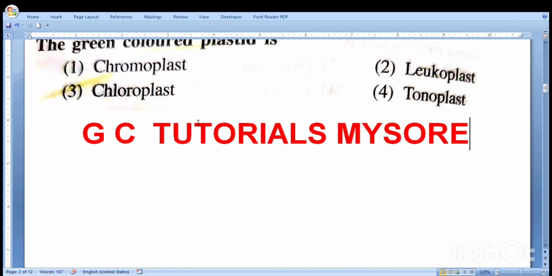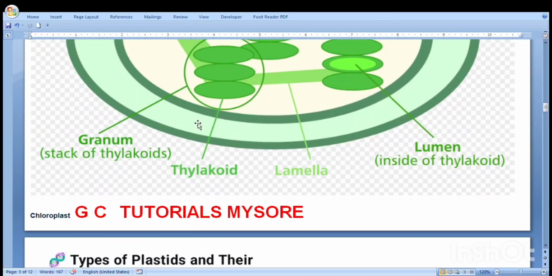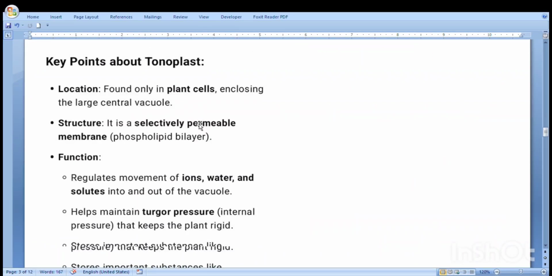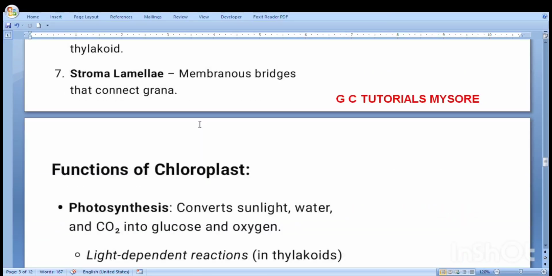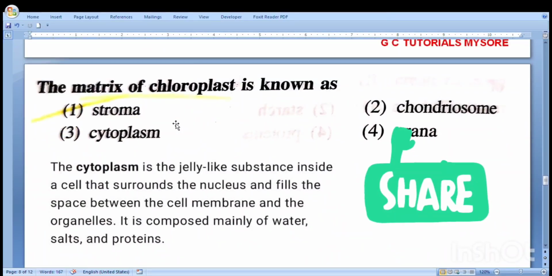Got it? So next we come to the remaining one. I studied stroma, chloroplast, chondriosome, everything is over, right? Next we come to the grana. Grana we also studied, right?